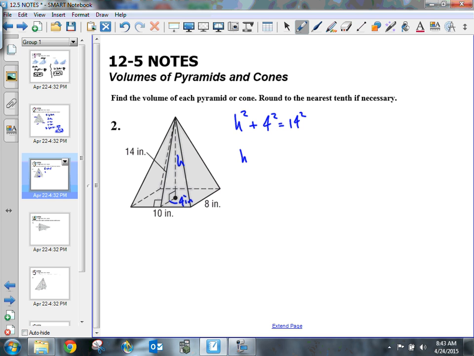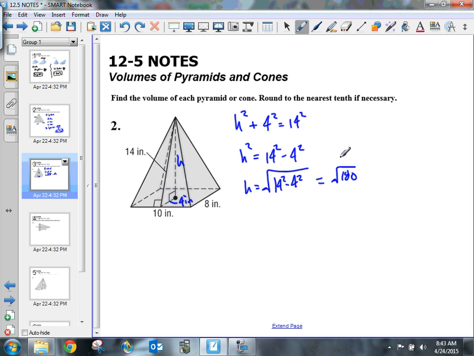So h squared is going to equal 14 squared minus 4 squared, and h is going to equal the square root of 14 squared minus 4 squared, which is just the square root of 180.